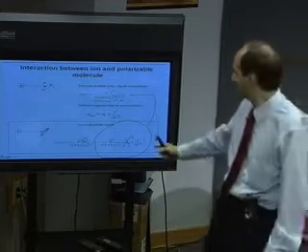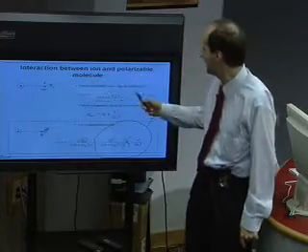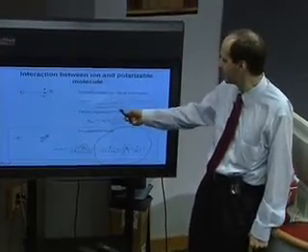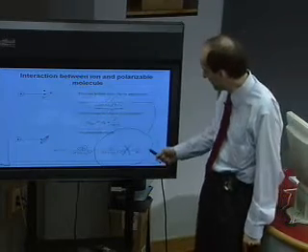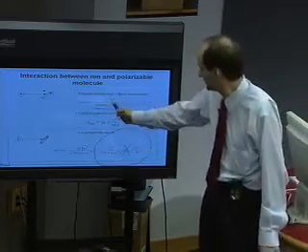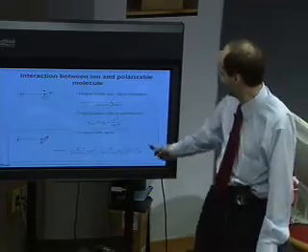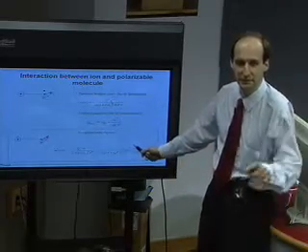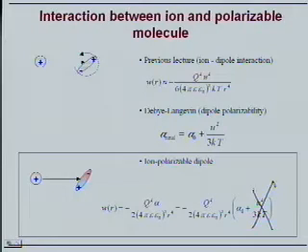But if we have such a molecule, then it is going to interact with the ion in exactly the interaction that we have studied already. If this molecule does not have a dipole moment, but it's only polarizable, then it is going to interact with the ion by this part of the expression.